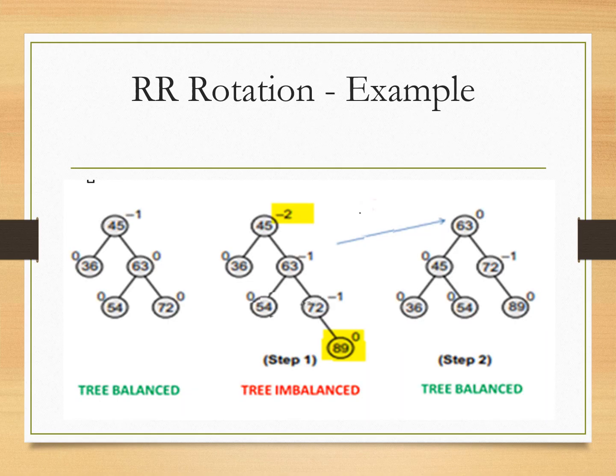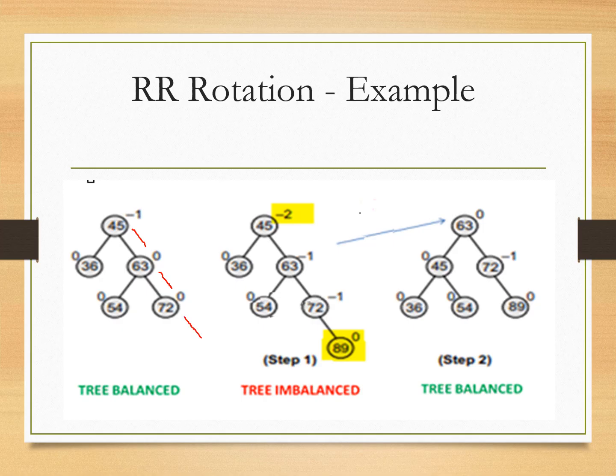Here is another example. Assume this is a tree which is a height balanced AVL tree. Now if I want to insert 89, where will I insert? I'll start comparing with 45. 89 is greater than 45, so I will go to the right. 89 is greater than 63, so I will go to the right. 89 is greater than 72, so I have to insert a node to the right of 72.